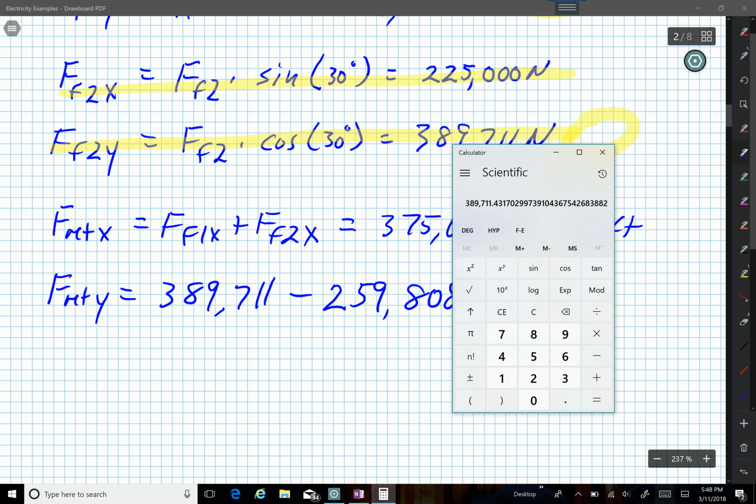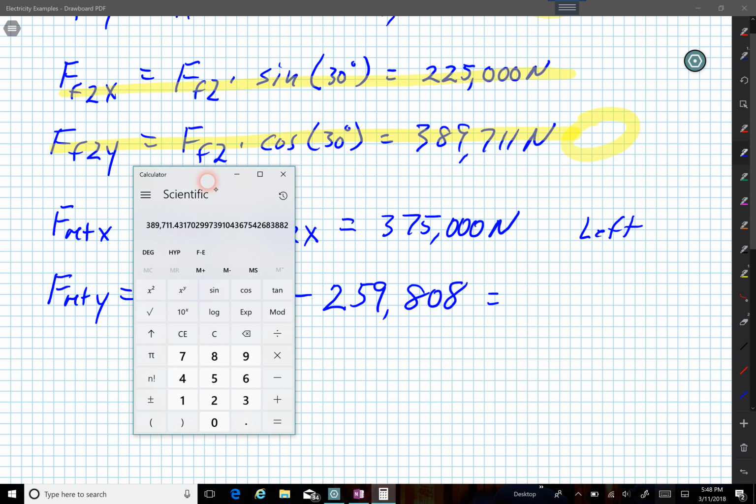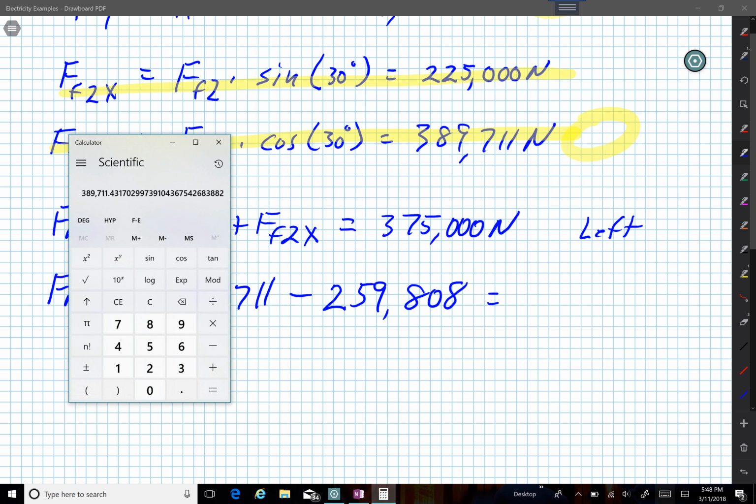Okay, so let's do this. I got the 389,711 there. That's already here. Minus the 259,808. 129,903.